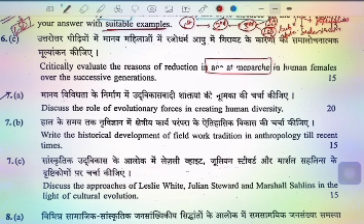And when we discuss this concept of menarche, menarche is what? It is the age at which the puberty stage is reached. Right? That is a fundamental understanding. And when you look at this question, they are asking about reasons of reduction in the human females.